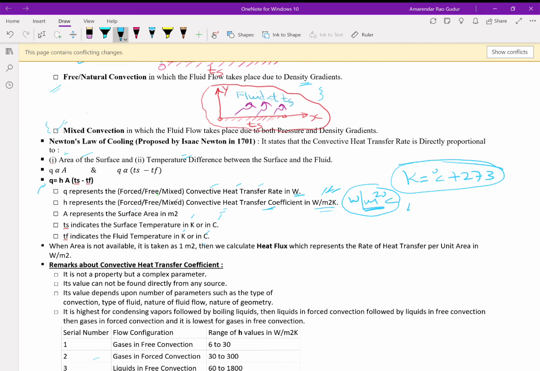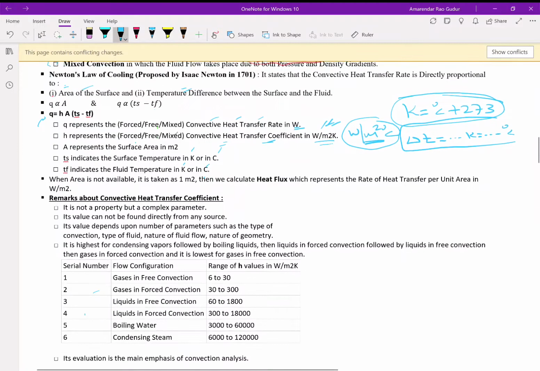But when we talk about the temperature difference, it doesn't matter whether it is in Kelvin or in degree centigrade, both of them will be the same. Therefore, since we talk about temperature difference, it does not matter whether you express the temperatures in Kelvin or in degree centigrade. And whenever area is not given, it's a customary practice to take it as 1 meter square.